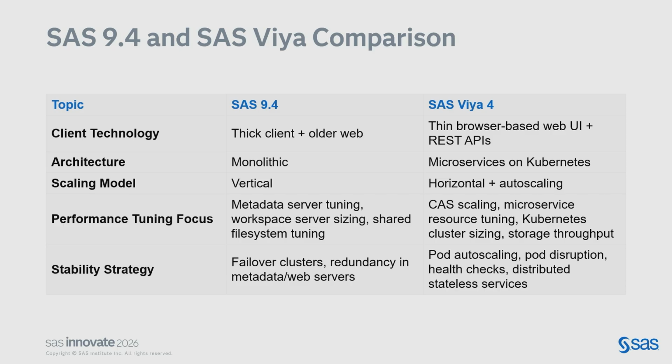You can add a lot of memory and CPUs to boost the performance. But when we moved to SAS VIA, the framework is totally different. SAS VIA is a cloud-native data platform. It's all Kubernetes driven and has dozens of microservices.